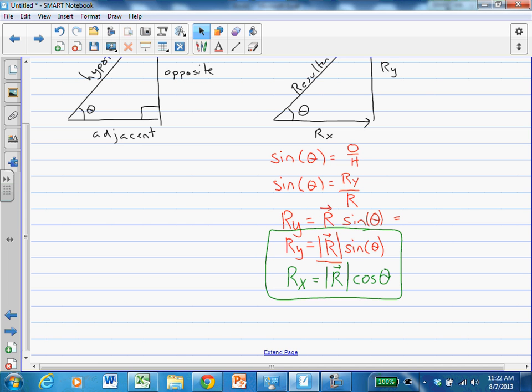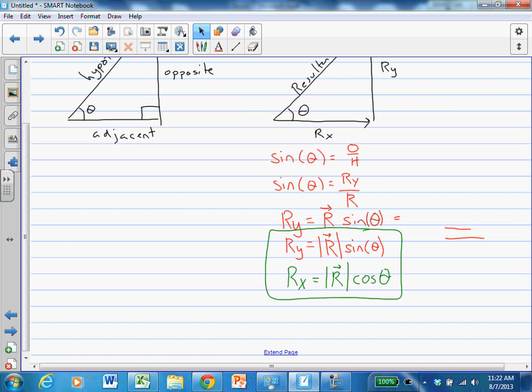And to get the y component, you just take that resultant and multiply it by the sine of the angle that it's at, okay? And for the x component, you multiply that magnitude by the cosine, okay? So it's really not too hard if you get over the fact that the formula looks so complicated.